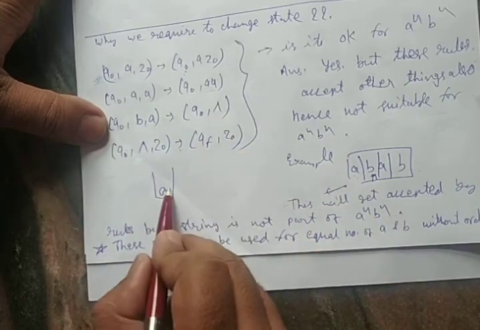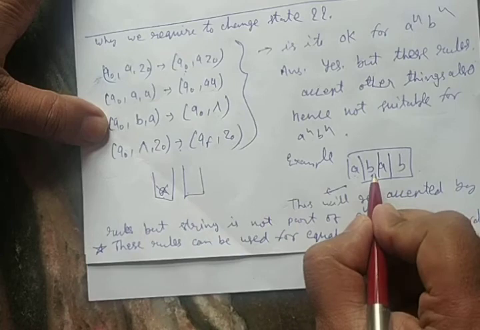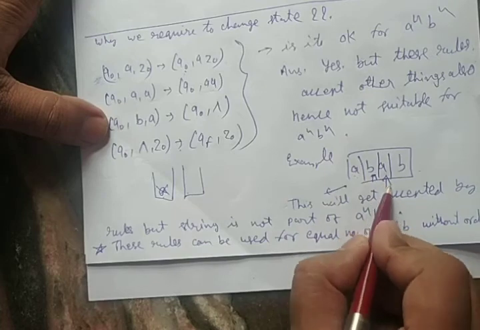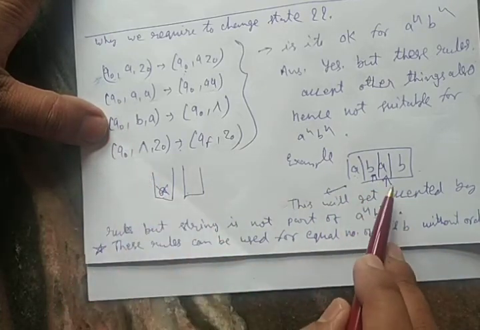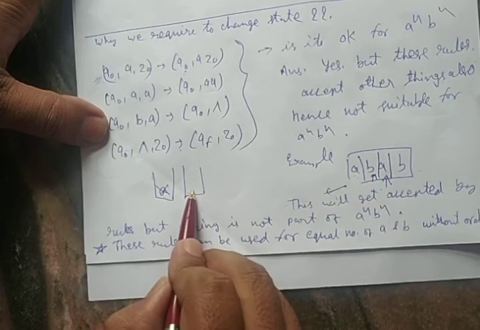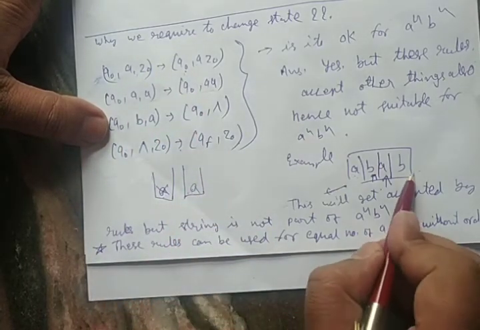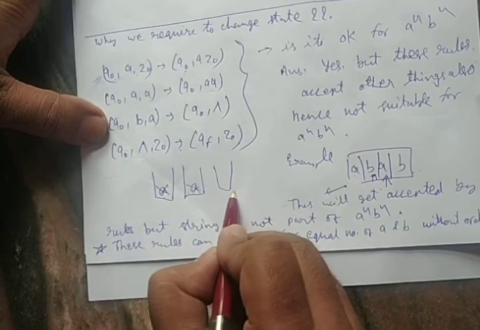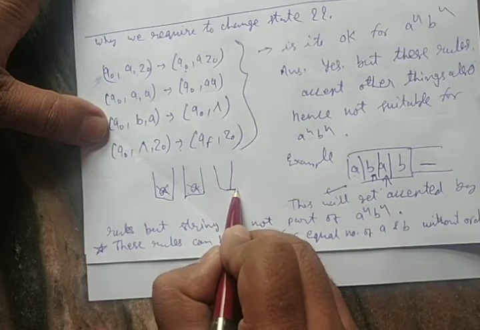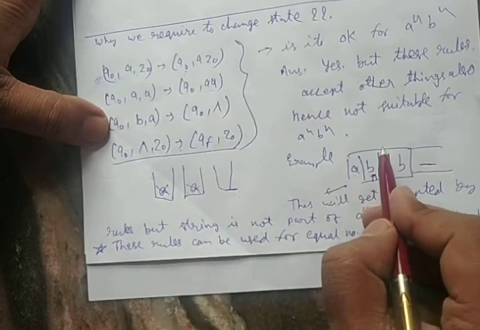My third rule says that you can delete this A. Hence my stack gets empty, and since it got performed, my input will move to A. Now, because the state does not get changed, if the input pointer is pointing to A and the stack is empty, rule number 1 gets applied and A will get inserted. Similarly for B, this will get deleted, and at the end, because the stack is blank and my input tape is also blank, my final rule gets applied and the string gets accepted.